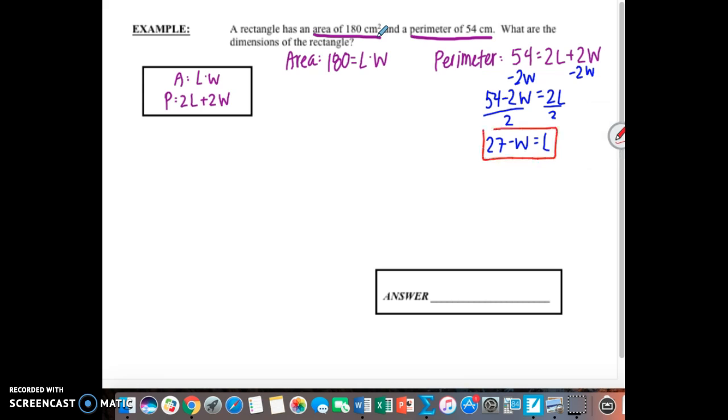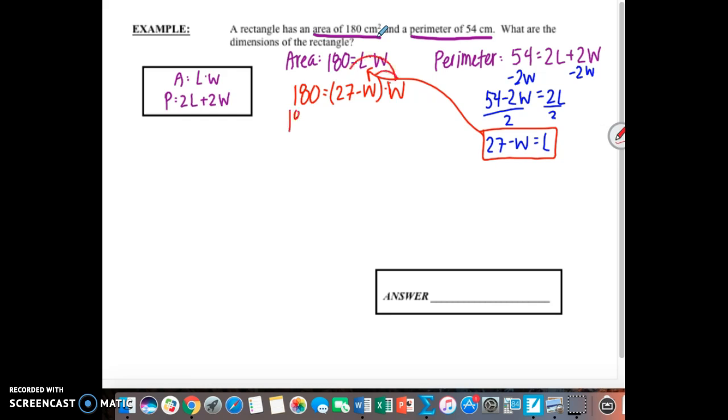Now taking what L equals, we are going to substitute it into the area equation. So we will have 180 equals 27 minus W times W. By the rules of algebra, we just need to distribute this W to both terms.